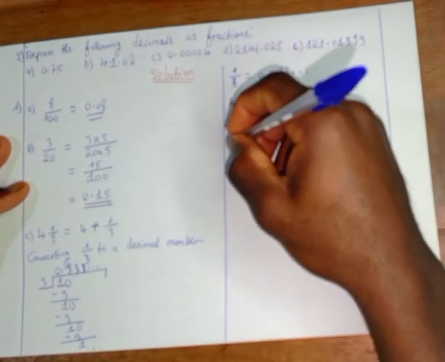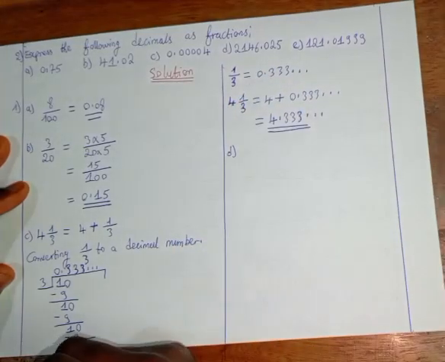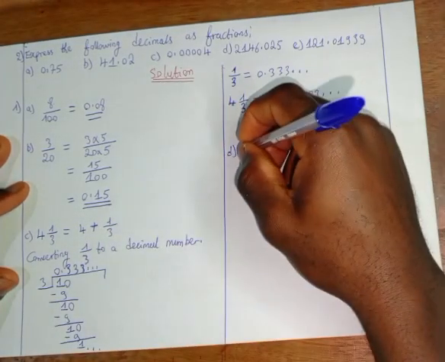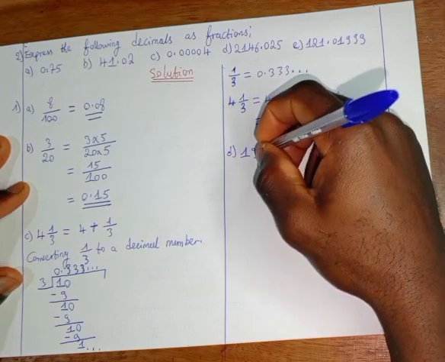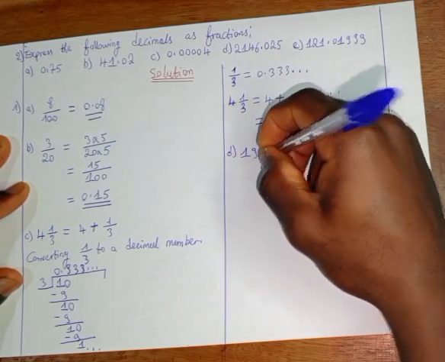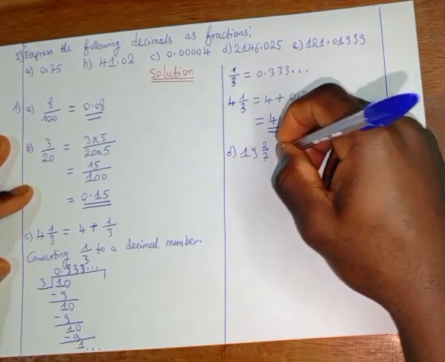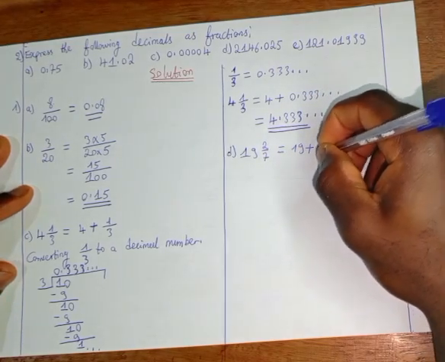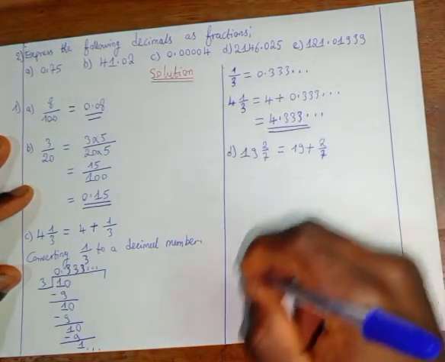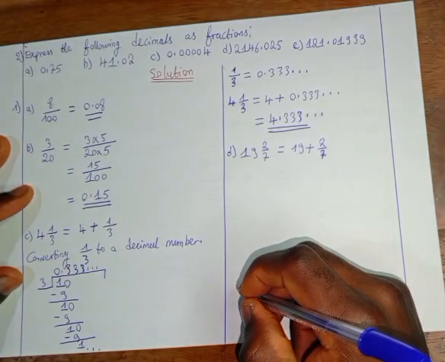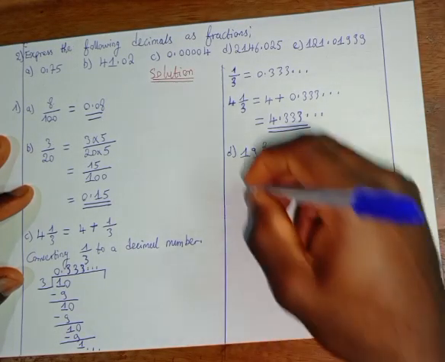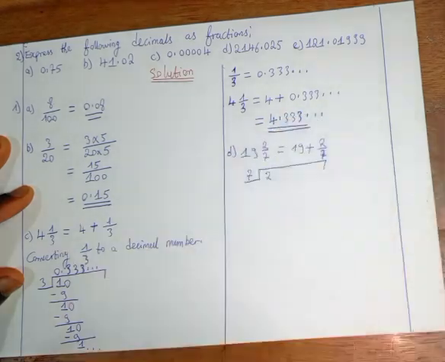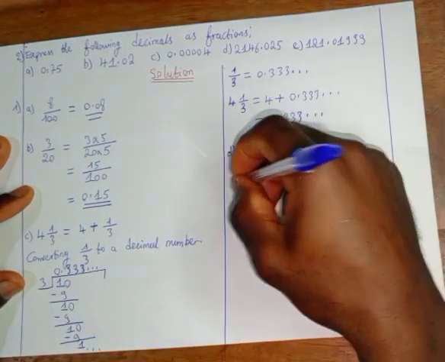We go now to D. For D, we have 19 and 2 over 7. We know this is the same as 19 plus 2 on 7. Next thing, we have to convert 2 on 7 to decimal numbers. 7 goes out, 2 comes in. 2 is less than 7.